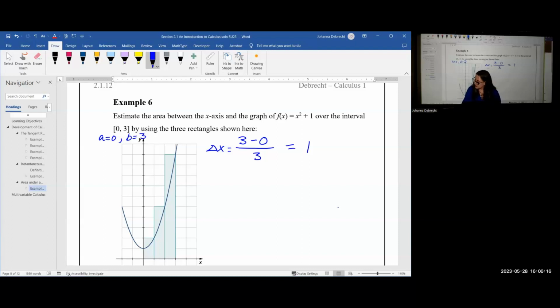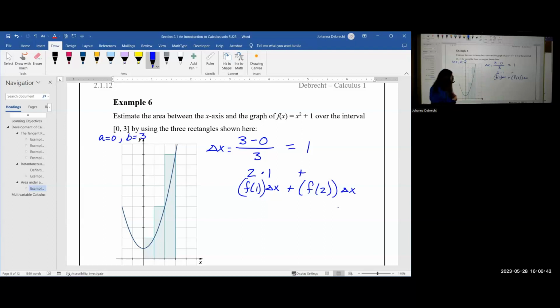Okay, got to catch up in my notes. So I've got height 2 times 1. This is f of 1 times delta x, plus f of 2 times delta x. Delta x is still 1, but for f of 2, I've got to count it out over here: 1, 2, 3, 4, 5.